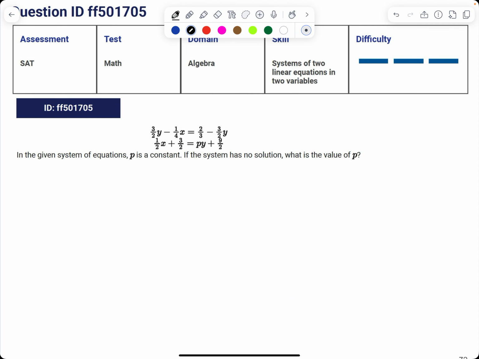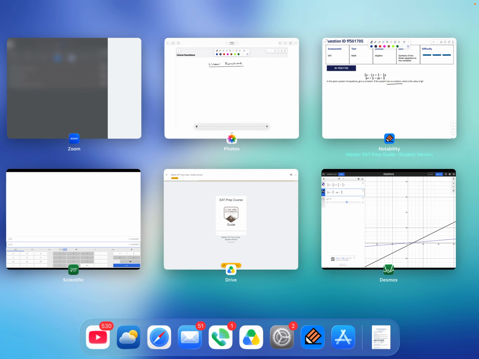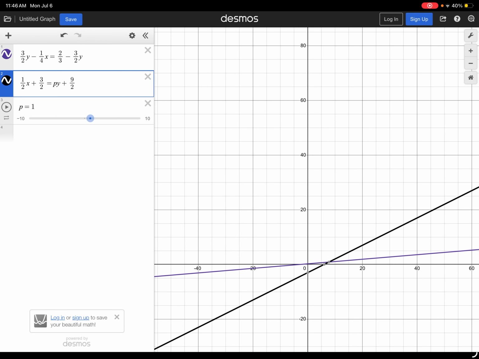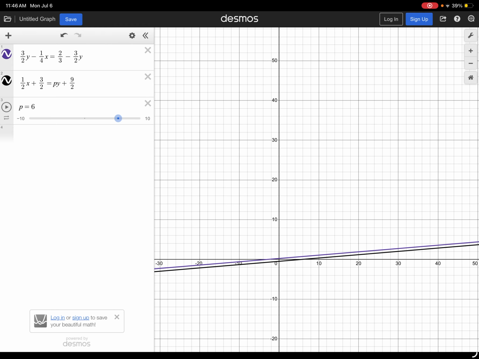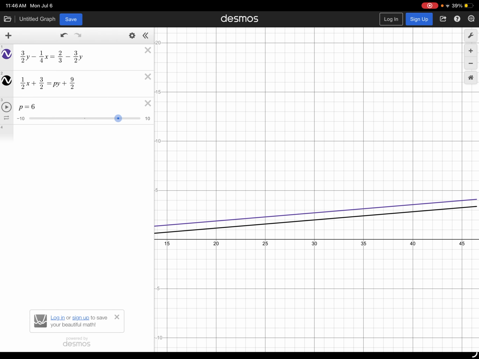Going back to the problem real quick, what we're looking for is a system that has no solutions. Just to remind us, that means that neither one of these lines will ever cross. So now I'm taking my slider and moving it to a value that makes both of these lines never cross.